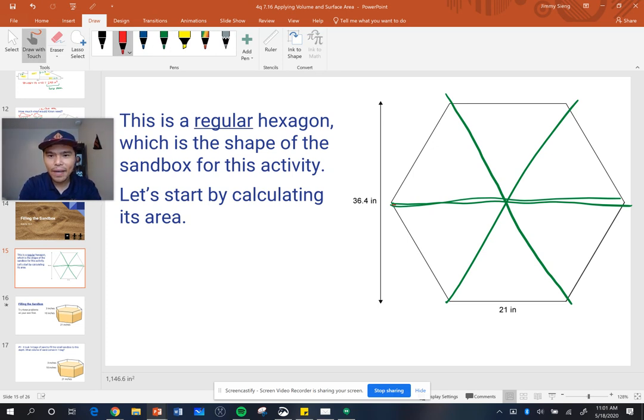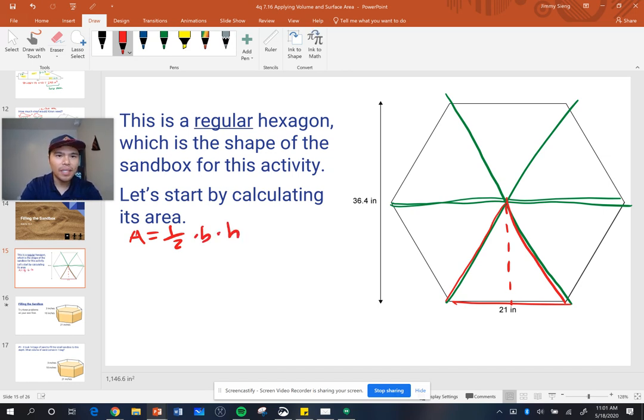Let's go ahead and try to find one of these triangles. Okay, actually, let me do this one right here, since that seems more obvious. Remember, the area of a triangle represents 1/2 times base times height. Looking at it, looks like I have a base right there, don't I?